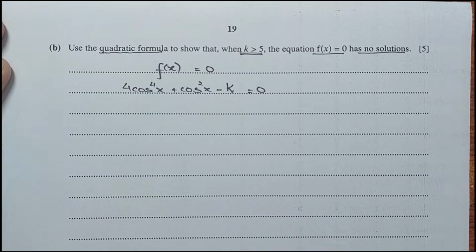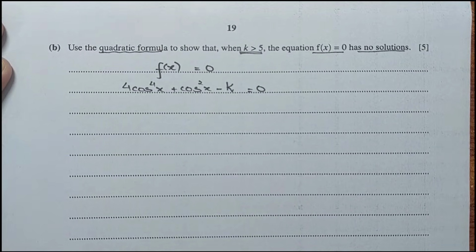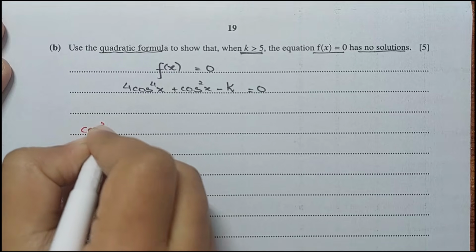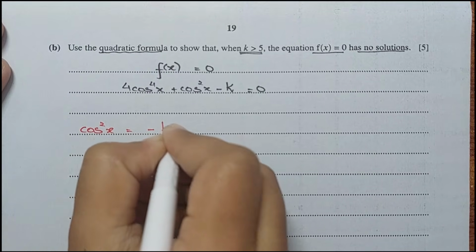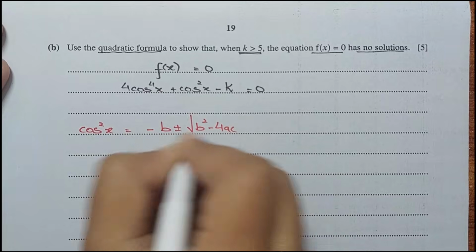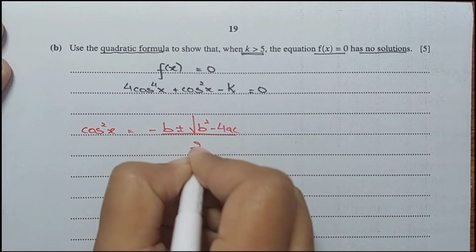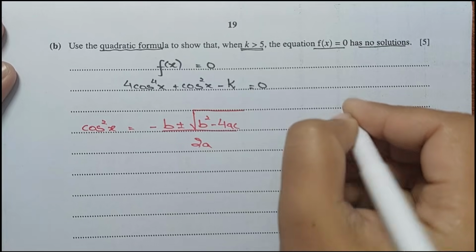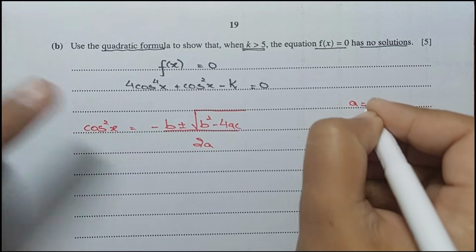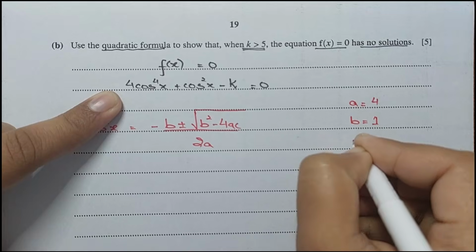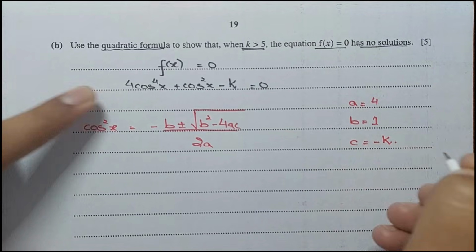Okay, now we need to apply the quadratic formula, right? So the quadratic formula here would be cos square x is minus b plus minus square root b square minus 4ac, divided by 2a. Now this is a quadratic equation in cos square x, right? So what is a, b, and c? a is the coefficient of this, b is the coefficient of cos square, and c is the constant term, which is negative k.